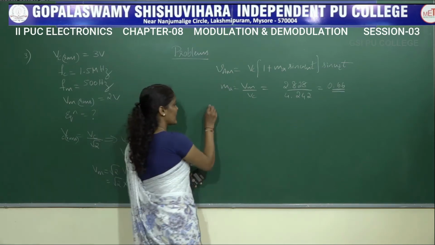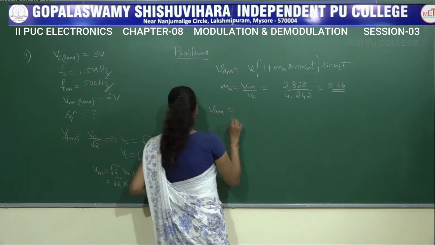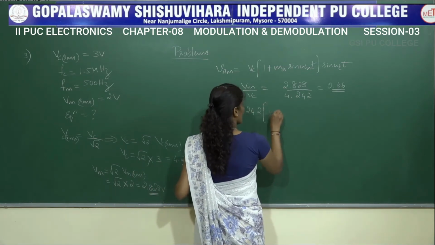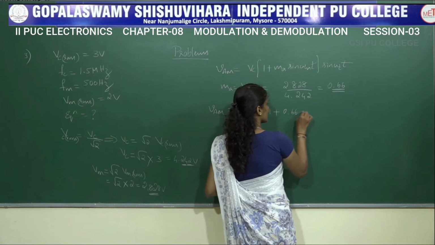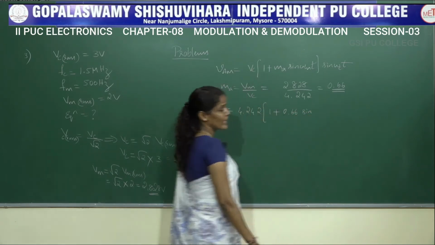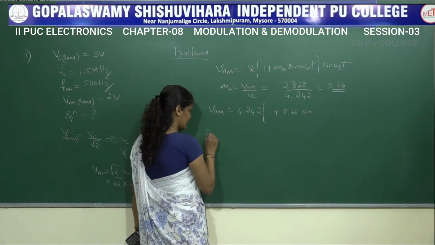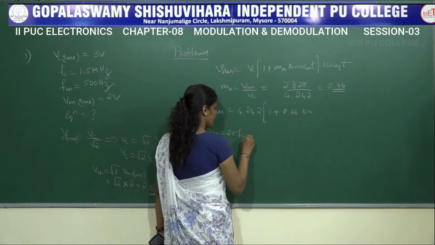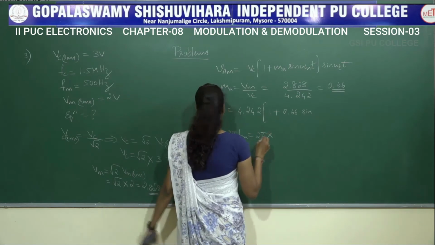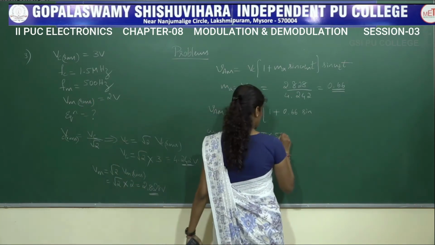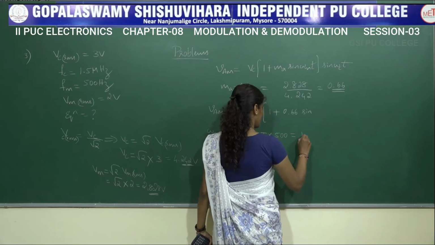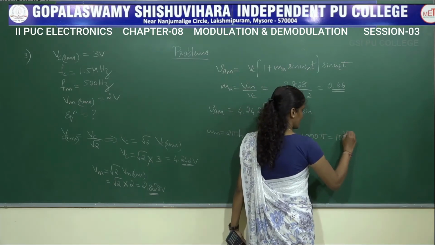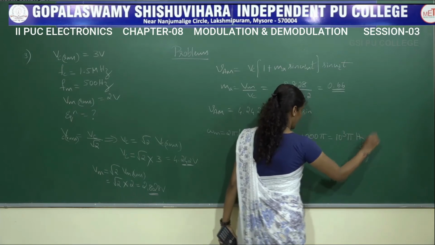So just substitute over there. VAM equals Vc value is 4.242 of 1 plus 0.66 sin omega m, omega c. Let us calculate that. Omega m equals 2 pi fm, which is 2 pi into 500, which is equal to 1000 pi or 10 to the power of 3 pi hertz.